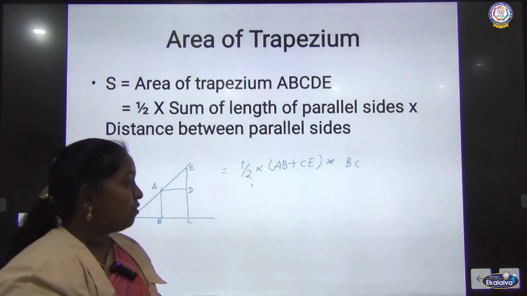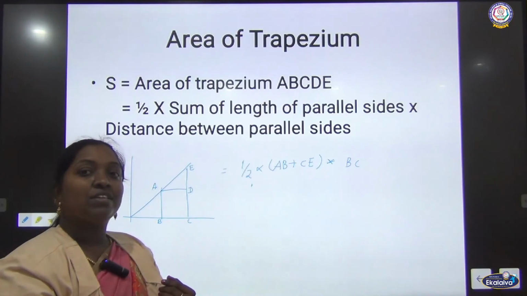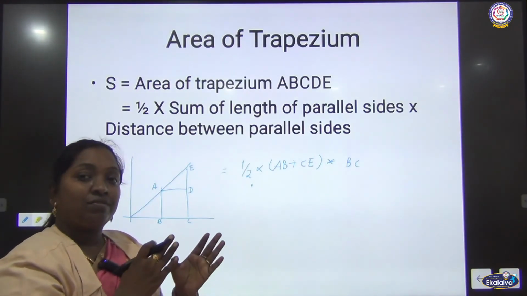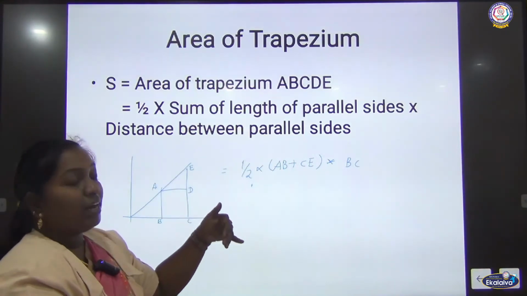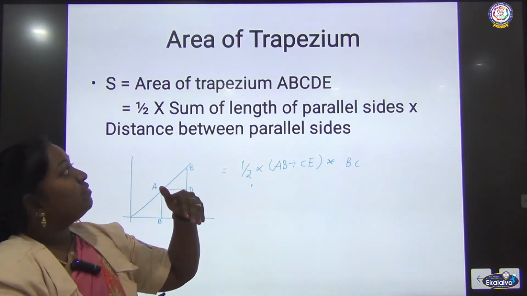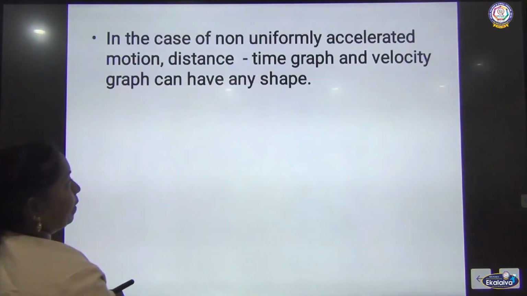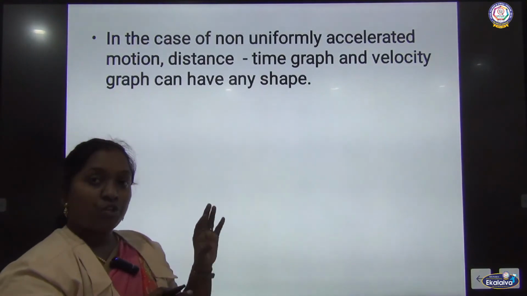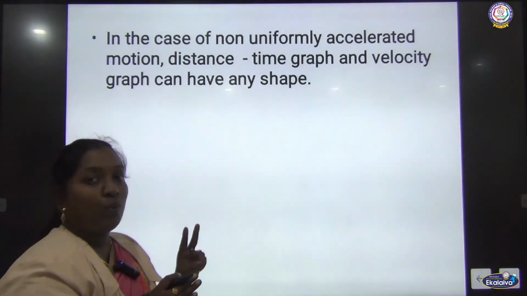Through this graph we learned about uniform velocity. When the velocity is constant, we can find the displacement. Here we can find the area with the help of a trapezium or with the help of a rectangle and triangle. These two graphs show uniform velocity.